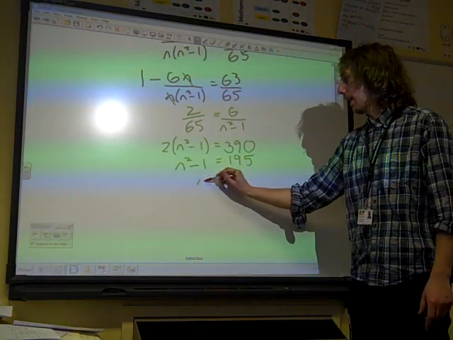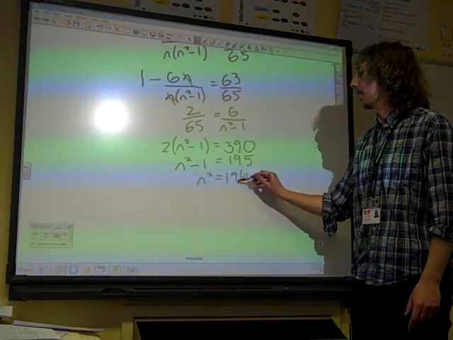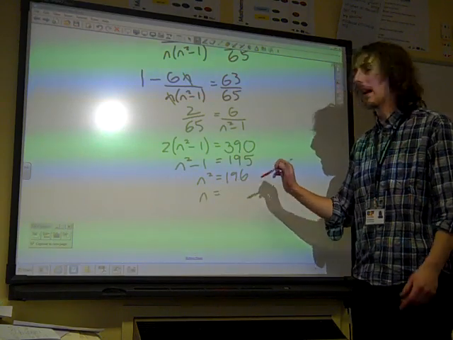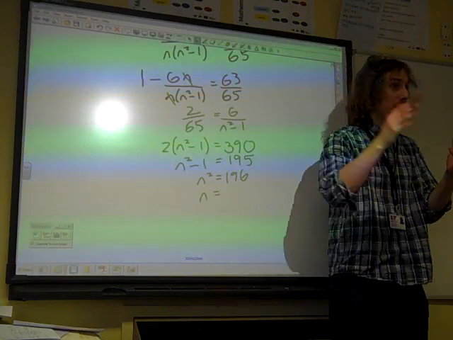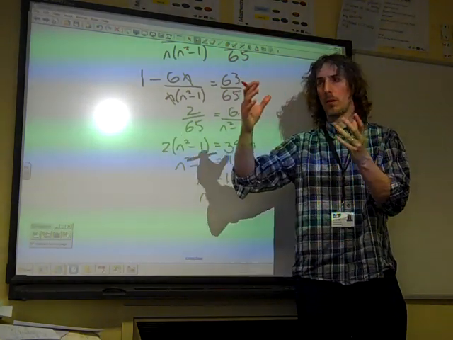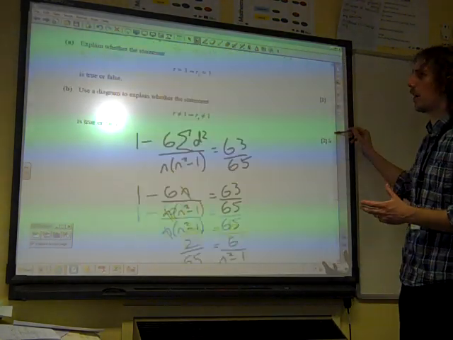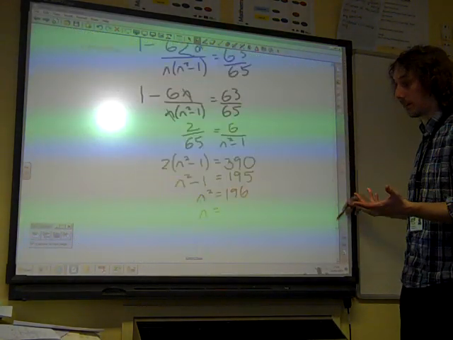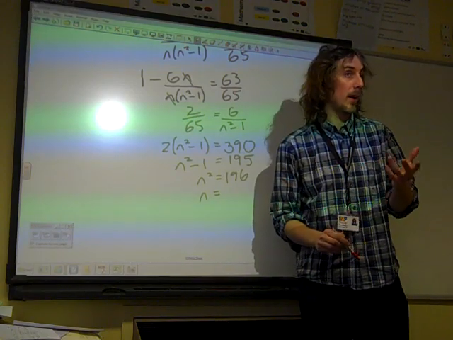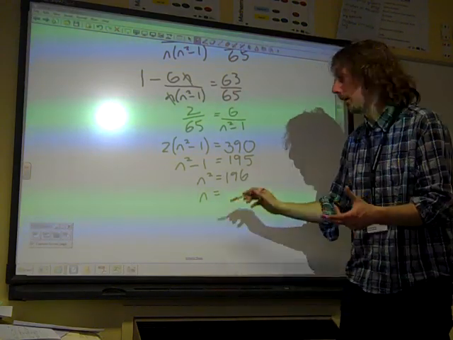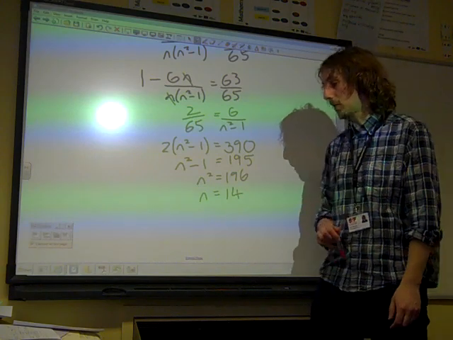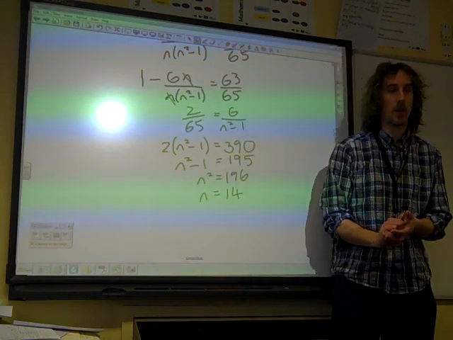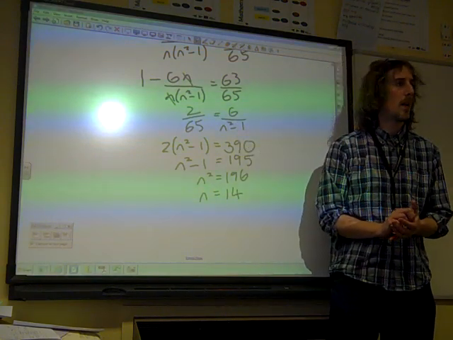So if we add the 1, n squared is 196, and square root it. And of course n is the number of terms, the number of competitors. So n has to be an integer and it has to be a positive whole number. So we can reject minus 14 and give our answer as n equals 14.